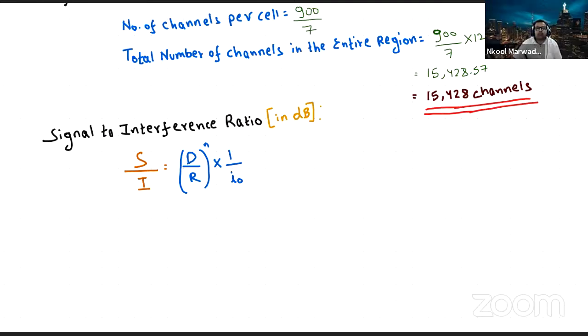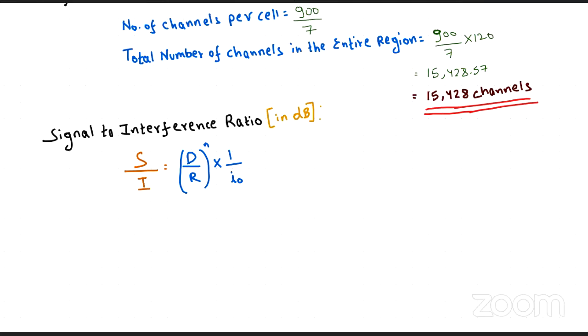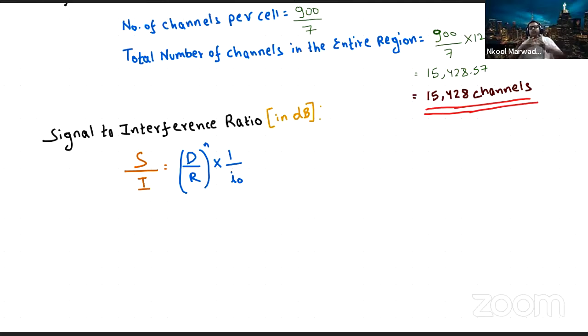No, it depends. We will look in one of the questions that if we do 120-degree sectoring, this I naught will change. When we do cell sectoring, the S by I improves. If S by I improves, then the number of co-channels has to reduce, because if the number of co-channels reduces, then interference will reduce.